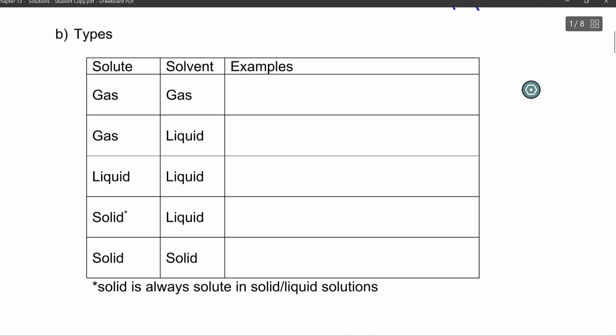When we say air is 80% nitrogen and roughly 20% oxygen, there are other components, but if we had a gas mixture of 80% nitrogen and 20% oxygen, the solvent would be nitrogen, and the solute would be oxygen in that case.